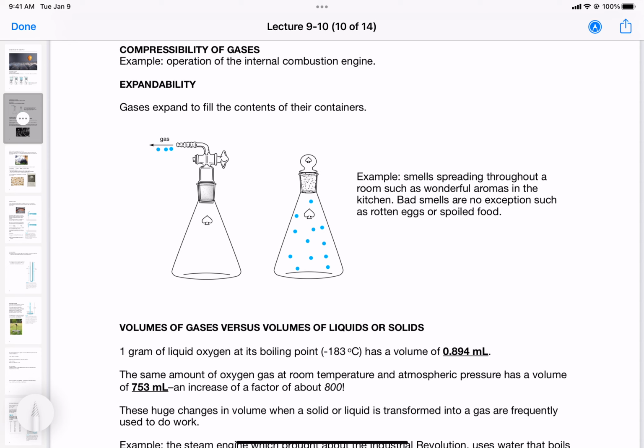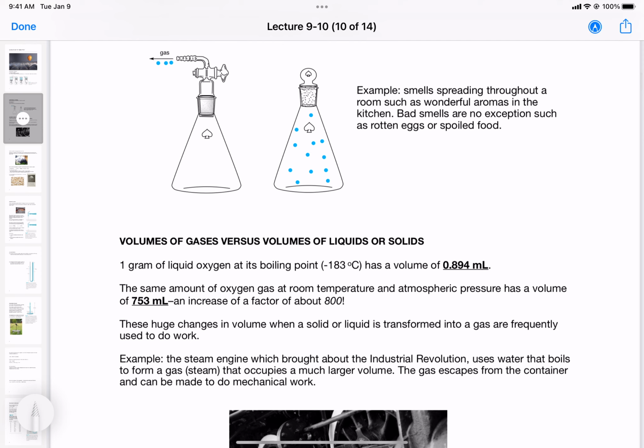Okay, so we have to be careful when we're working with gases, because if you have something that's naturally gas at room temperature, and oxygen is definitely a gas at room temperature given its very low boiling point, then when it turns into a gas, it's going to be a very spontaneous or very exothermic process.